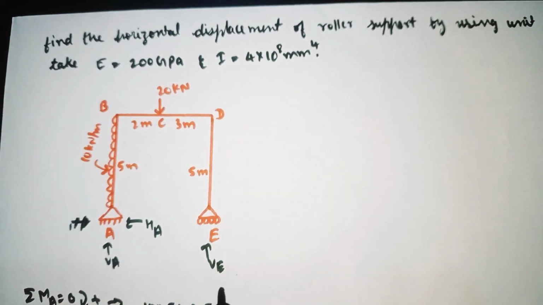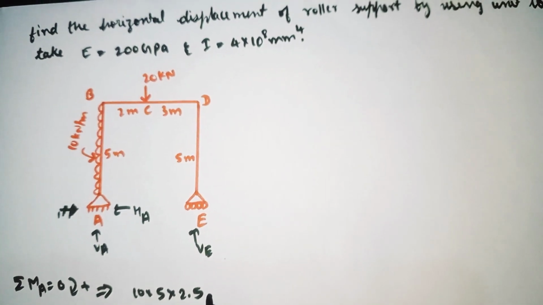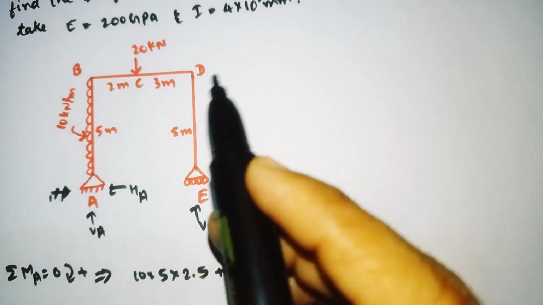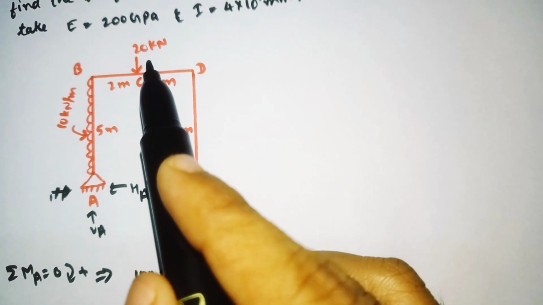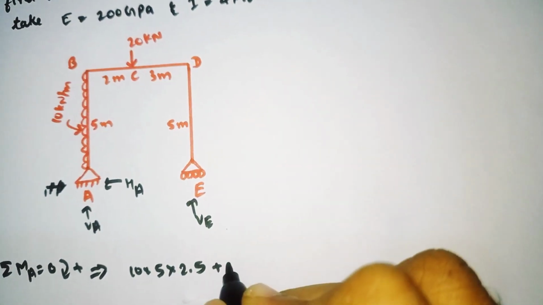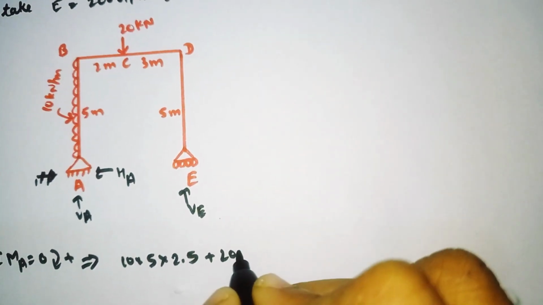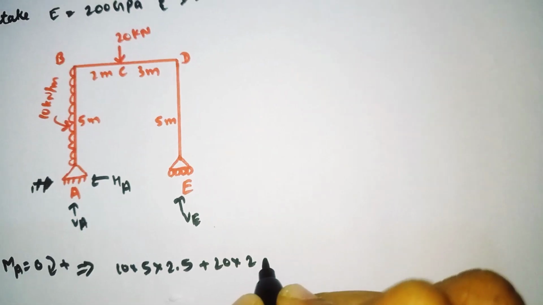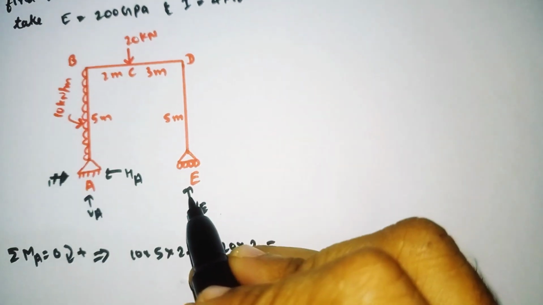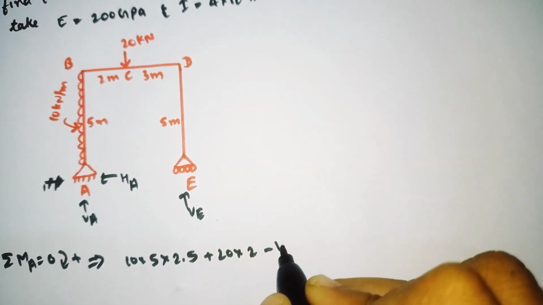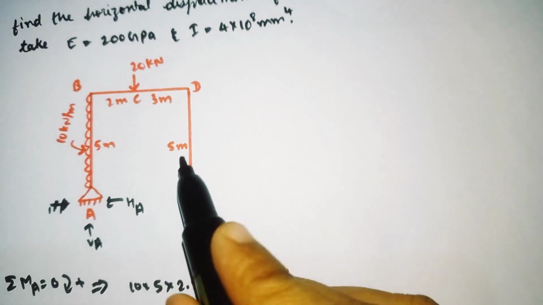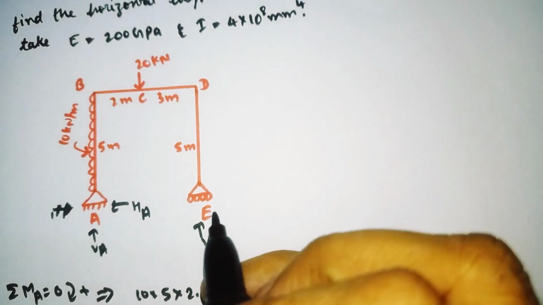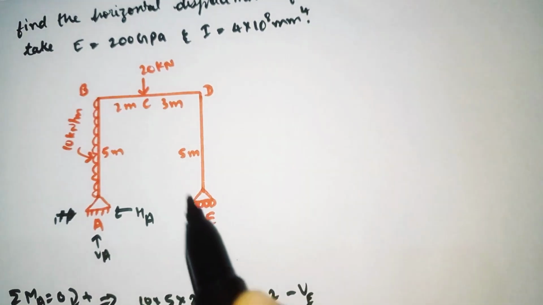So it rotates clockwise, plus. The point load is acting here, 20 kilonewton at a distance of 2 meter. It is also moving clockwise. So 20 into 2, minus V, because V is rotating anti-clockwise, so minus V into a distance of 5 meter, the perpendicular distance.